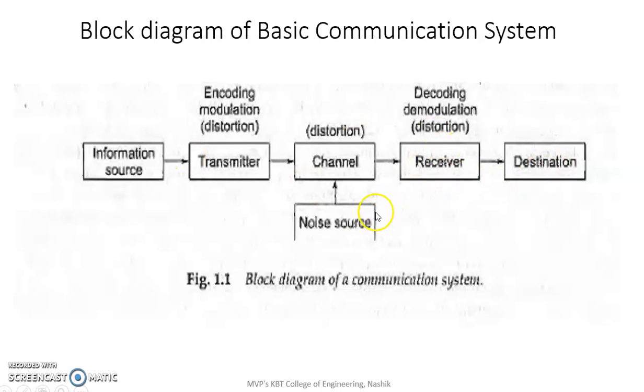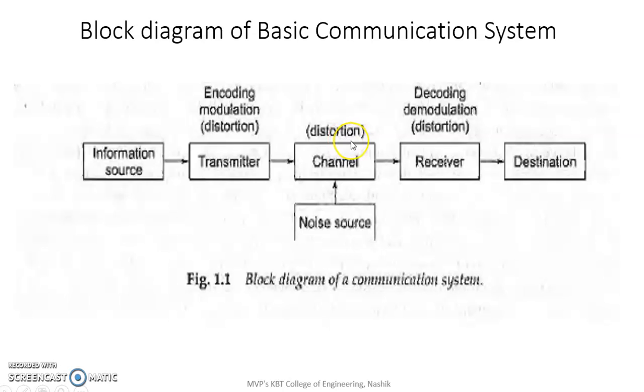So now it is clear that on the transmitter side modulation takes place, and on the receiver side demodulation takes place. There are different types of transmitters that we will discuss in the forthcoming videos, and there are also different types of receivers. Channel is what?